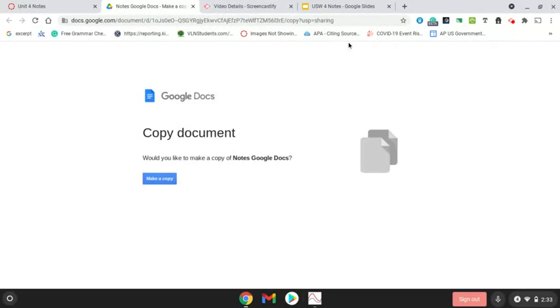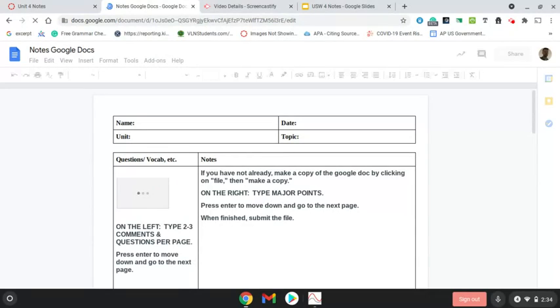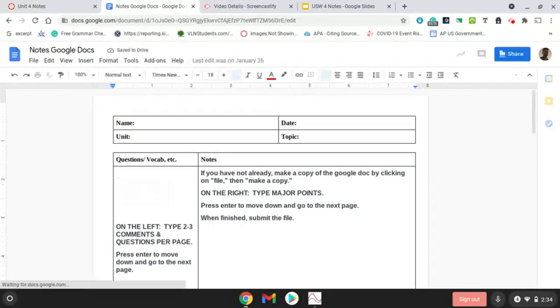It should make a copy automatically. Might take a few seconds. And it should look something like this. So you can type in your name, of course, and the date, which is February the 22nd.